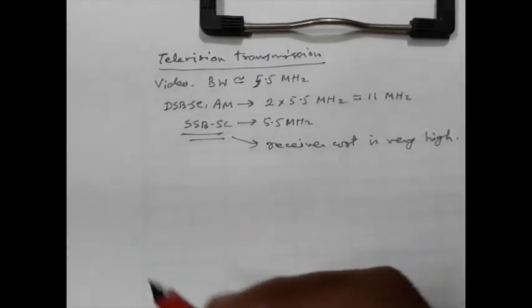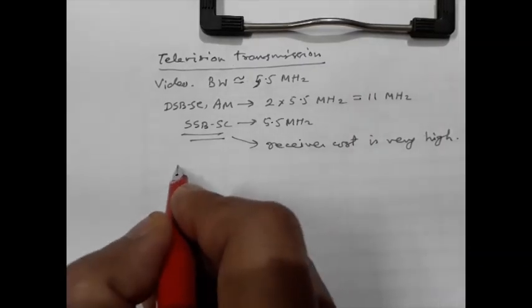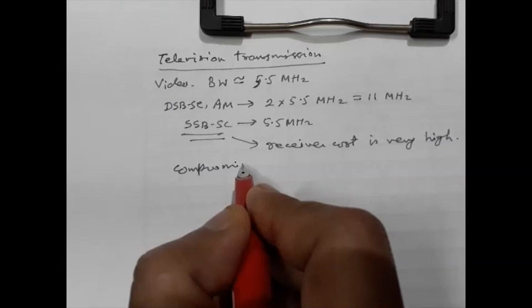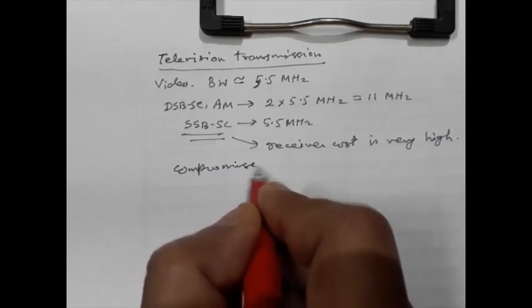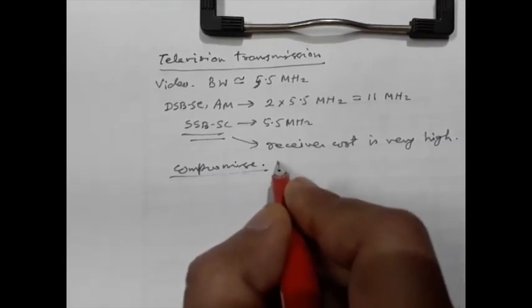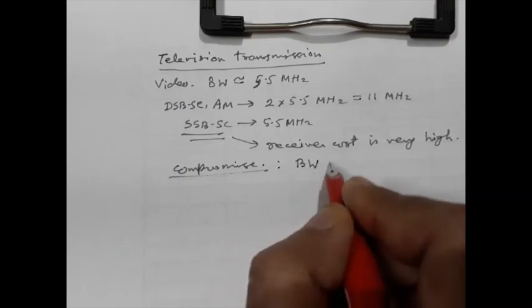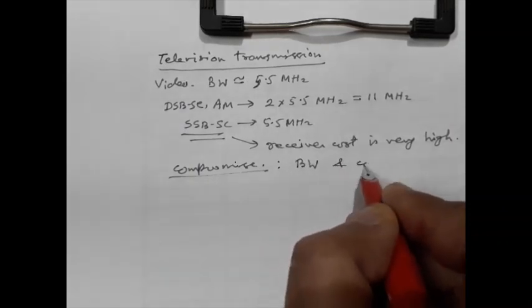So we need a compromise, and that compromise is on the bandwidth and cost.